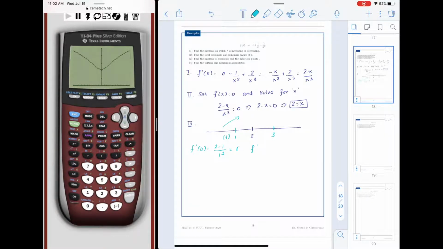F prime of 3 will be a negative number, so it is decreasing, indicating that there is a local maximum at x is equal to 2.